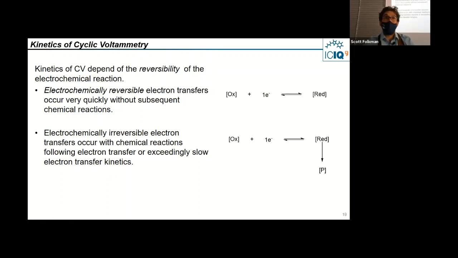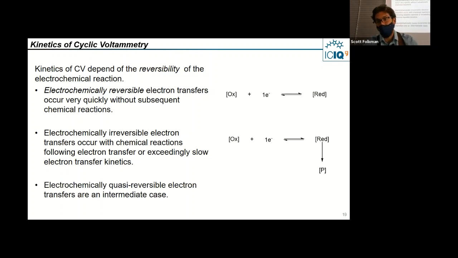Another one is that if it's just very slow, for example, a large rearrangement in the geometry of your species when the electron is transferred. Now, most of us will see something somewhere in between. So we call these electrochemically quasi-reversible. So if you have peaks that are separated by, let's say, 70 millivolts instead of 59, okay, maybe that's quasi-reversible.